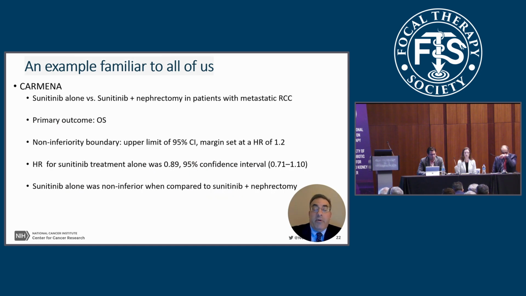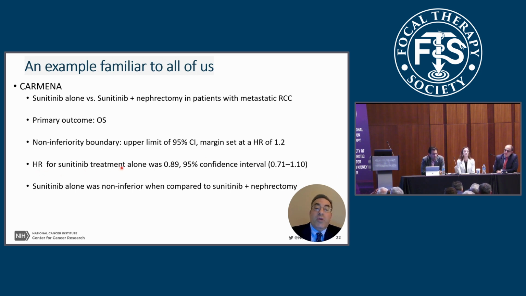So in this case, the primary outcome was overall survival. Again, this would be a very severe endpoint, so a tight boundary or margin. In this case, the non-inferiority boundary, the upper limit of a 95% confidence interval, was a hazard ratio of 1.2. That's the margin that was set.